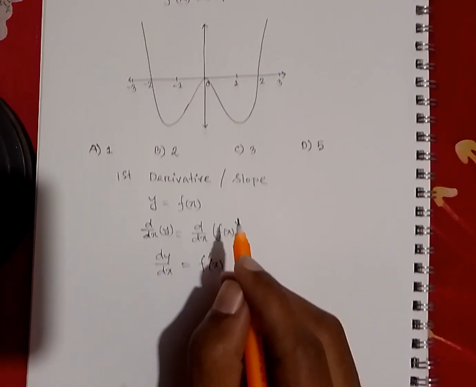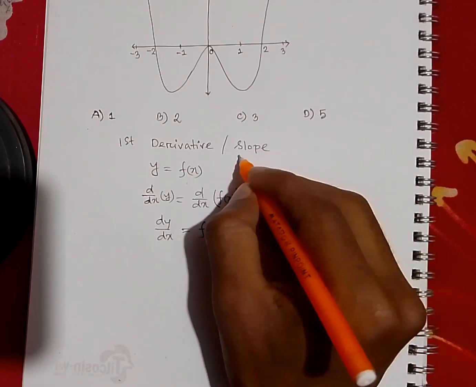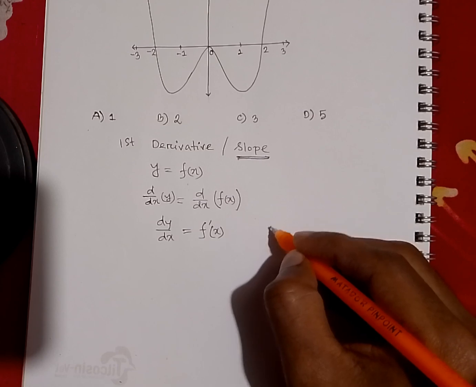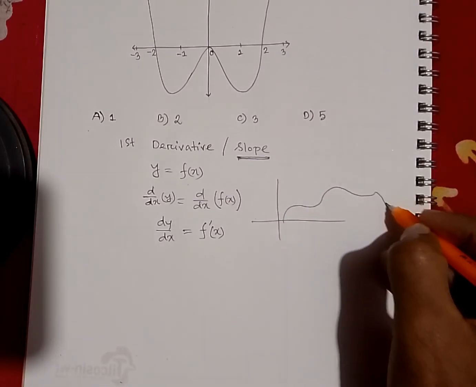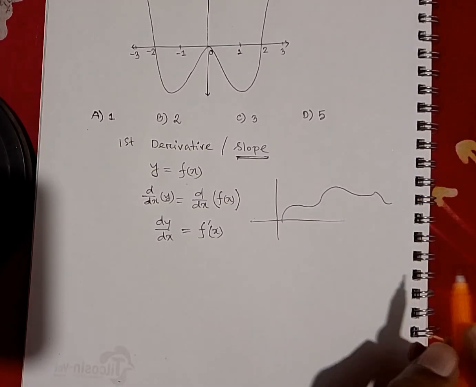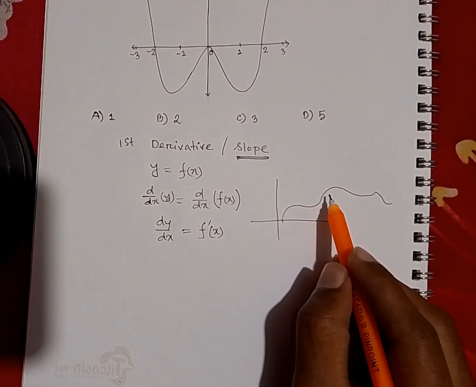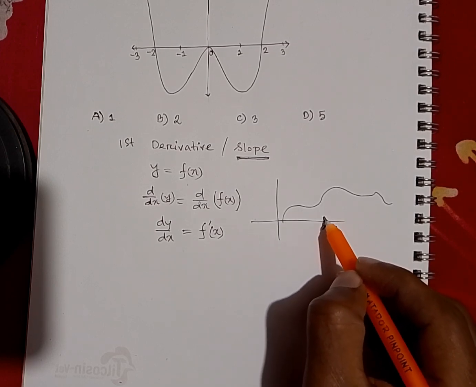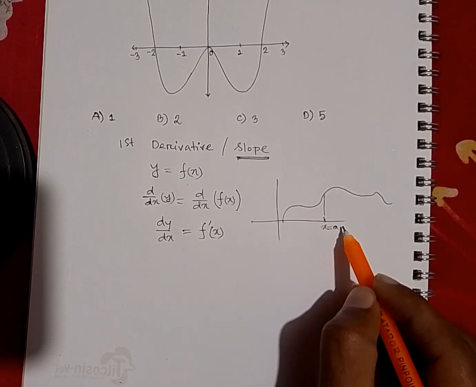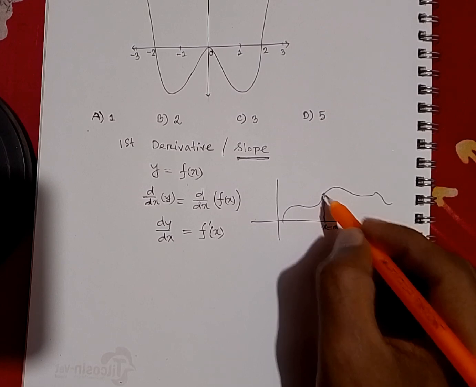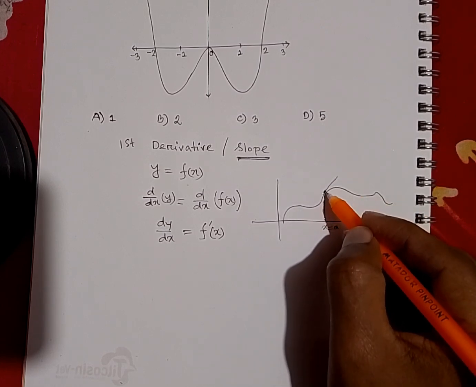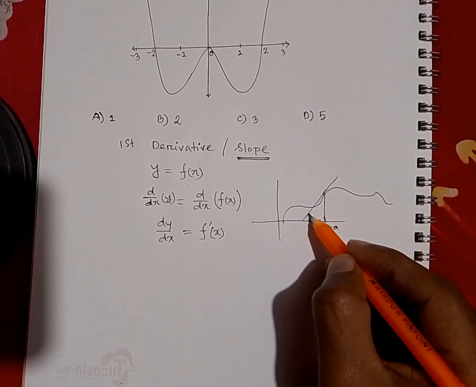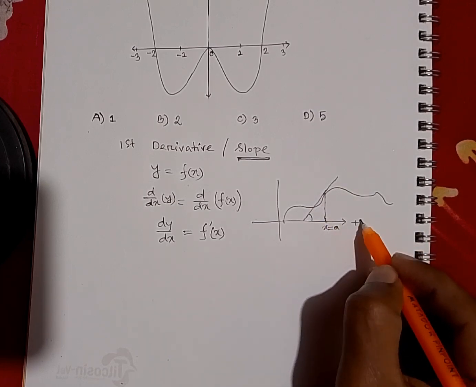Okay, now we need to know about slope. If any curve looks like this, then at any point you take on the x-axis, let x equal a, and then you will get a y value for the value of x here. At this point, if you draw a tangent to the curve, then the tangent makes an angle with the positive x-axis.